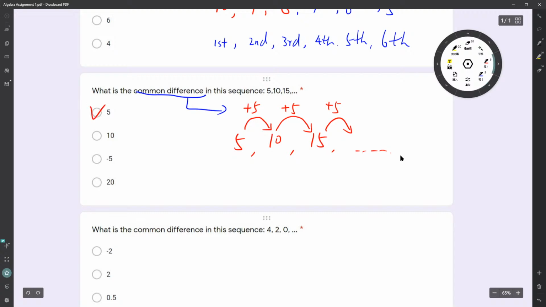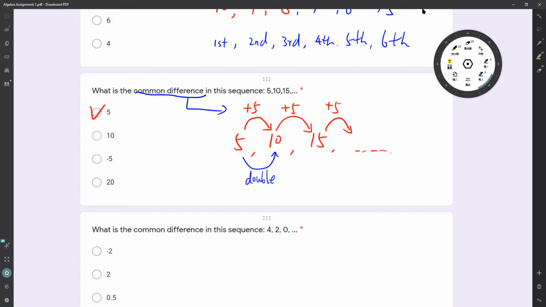Okay, and there might be some confusion. Some students may say, okay, from 5 to 10, I think the pattern is double. You might think so, it seems to be okay. But remember, the pattern should apply to every term in this sequence.